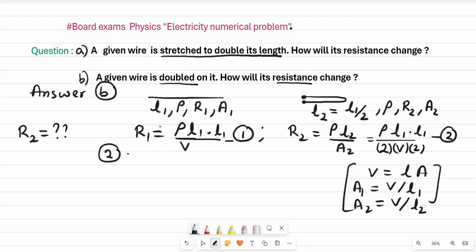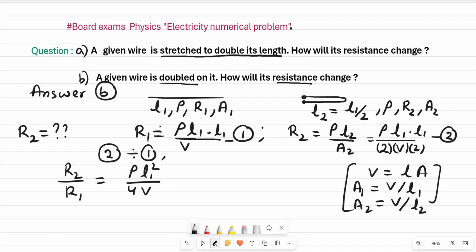Let's divide equation 2 by 1, dividing left hand sides and dividing right hand sides. So it is R2 by R1. We first bring in R2's expression, that is rho L1 square by 4 times V. If a wire is just folded over, meaning doubled on it, its volume is not going to change. That is why we will not write V1 and V2.